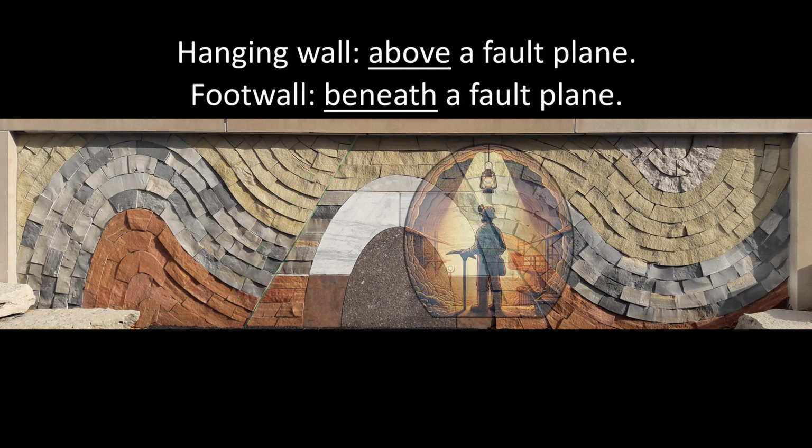Now imagine a mining shaft on the GeoScene's right side. Again, notice that one rock block is beneath the fault plane and another is above the fault plane. Recall that the rock block above the fault plane is the hanging wall. Again, ask the following question.